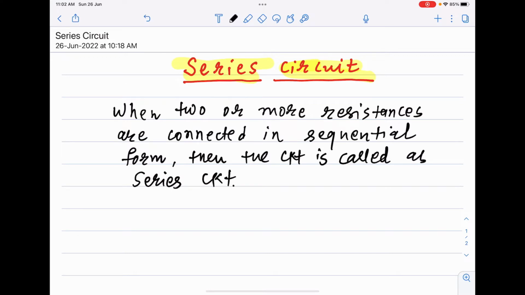So in the series circuit, the resistances are connected in sequence with each other.